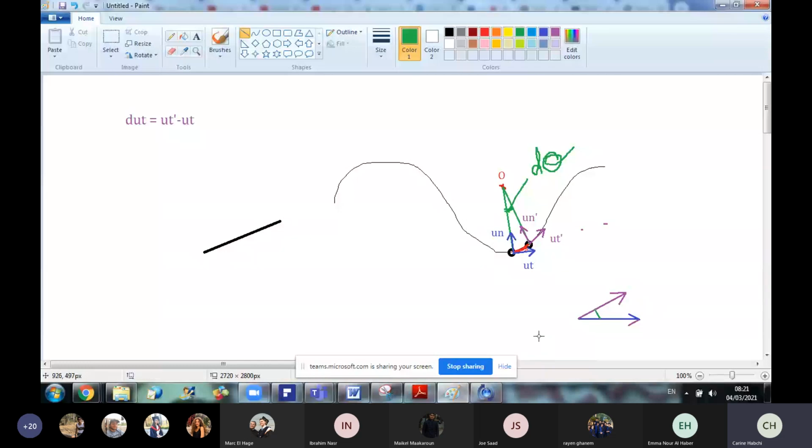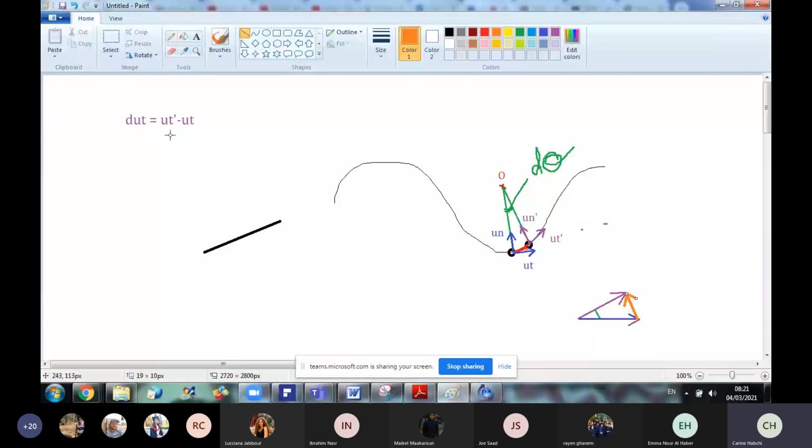Now, where is my vector dut here? My vector dut is this one. This is dut vector. Because by definition, dut is the difference between ut prime and ut.